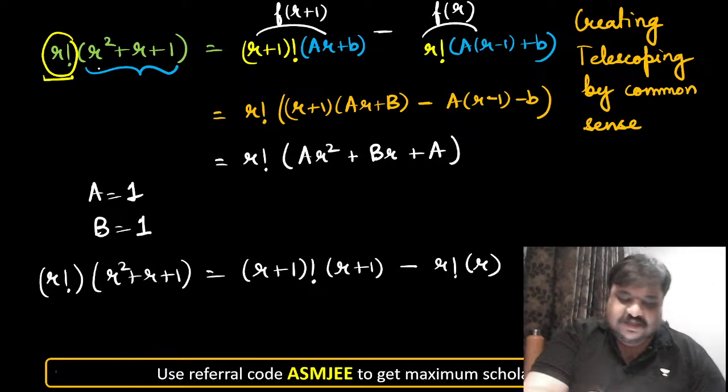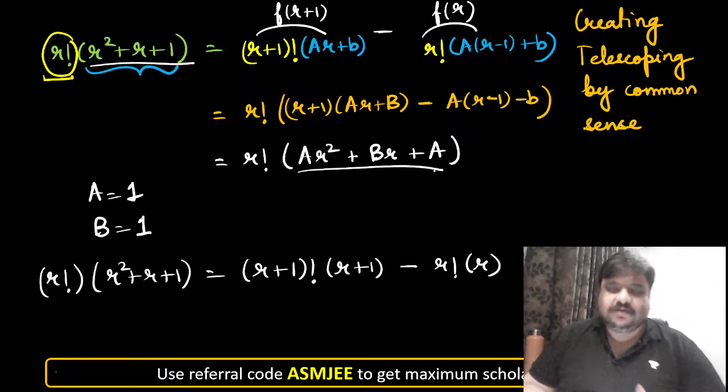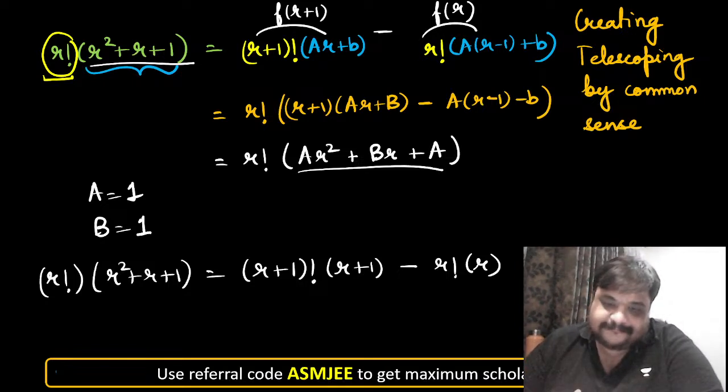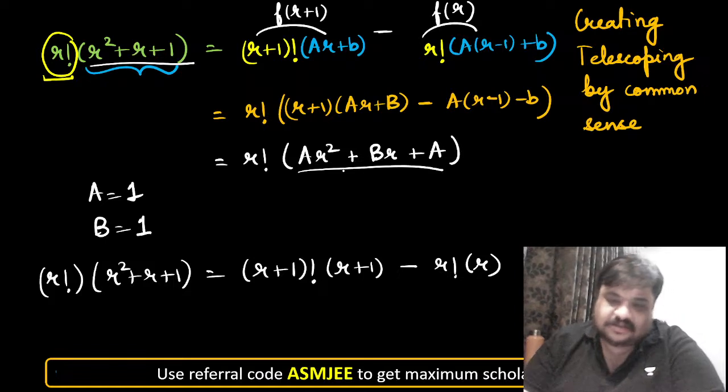How A is equal to 1? See, this thing must be equal to this, right? So A is 1, B is 1, and compare. You need this to become this.